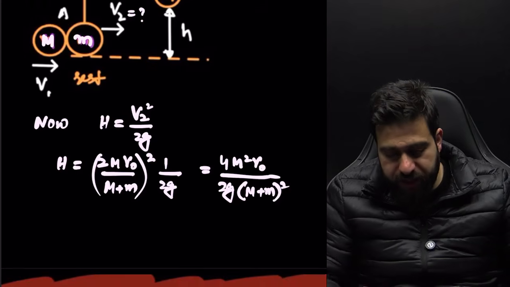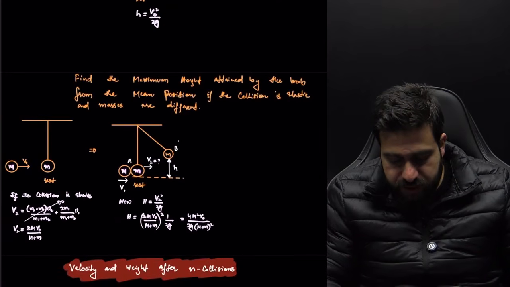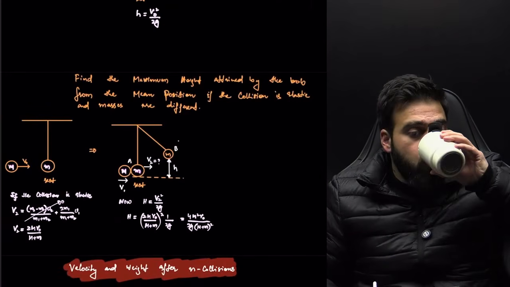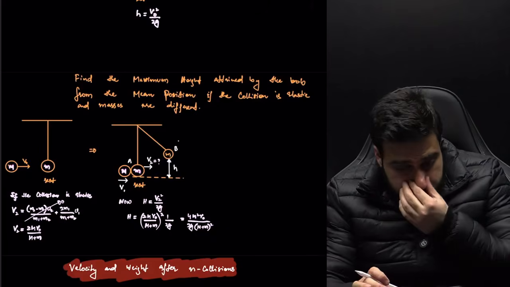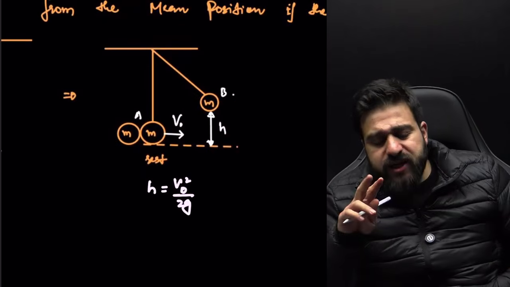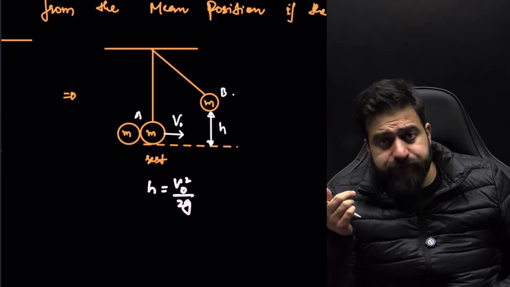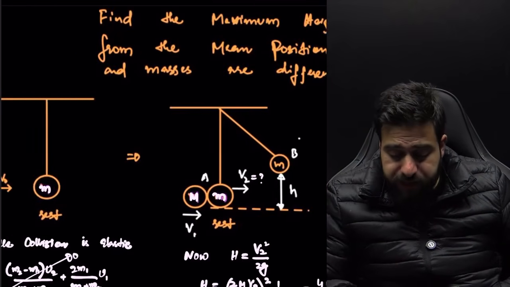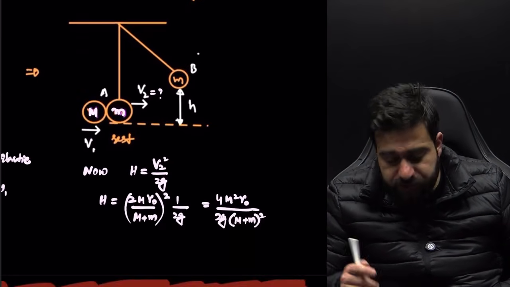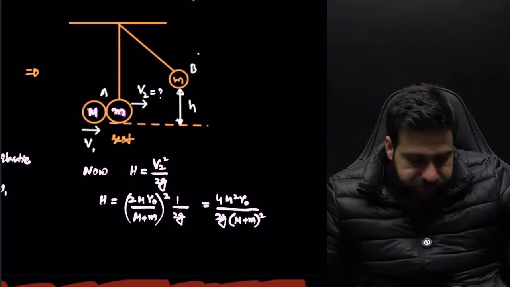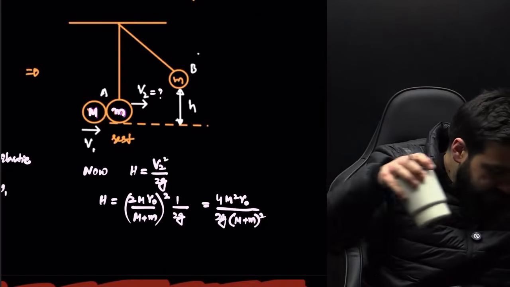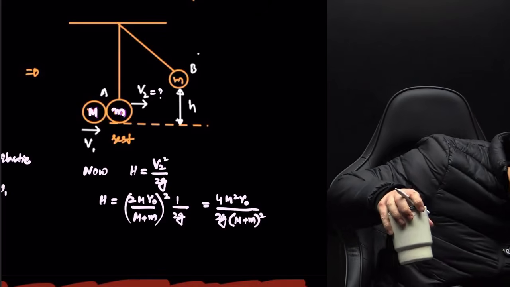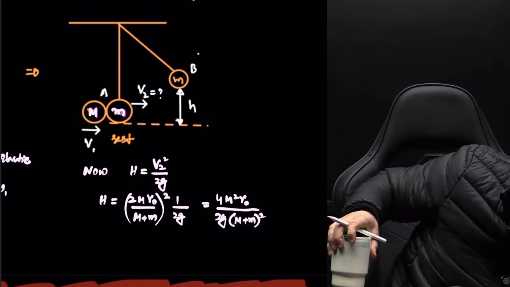This is going to be the height in this particular case. I hope this is clear. So if the two masses are the same, then the velocity is directly transferred. If the two masses are not the same, in that particular case you will have to find the velocity if the collision is elastic. I believe this is clear.